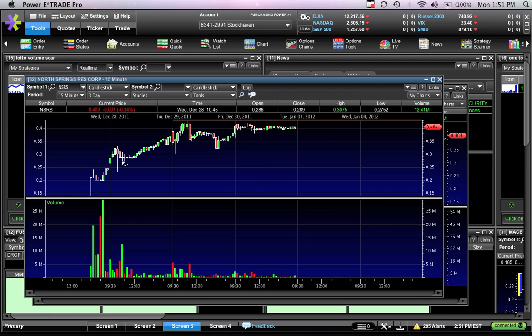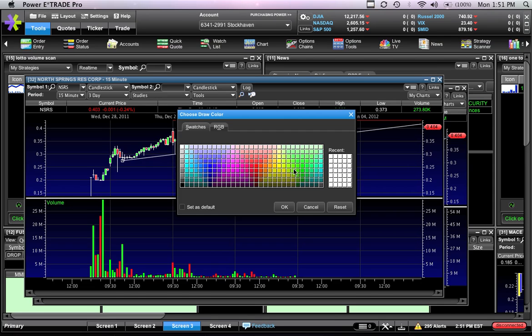So we're going to take this low around 27.5 cents and connect it with these 3 points, 27.5, 30, and 32. This is our uptrend line, so we're going to color this green.